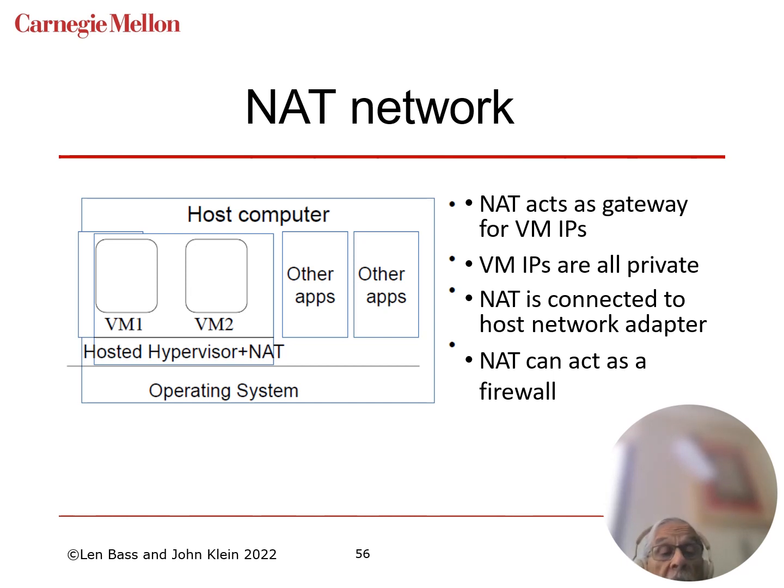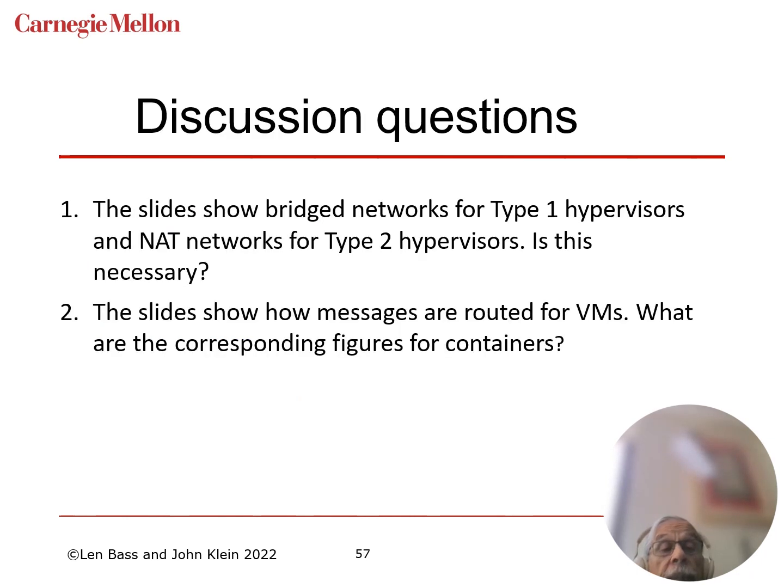So a message comes in, it goes to the hypervisor. The hypervisor has to translate that into a message for a particular virtual machine, since those virtual machines are private.